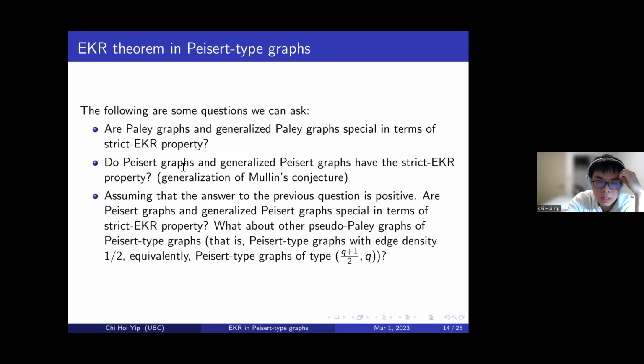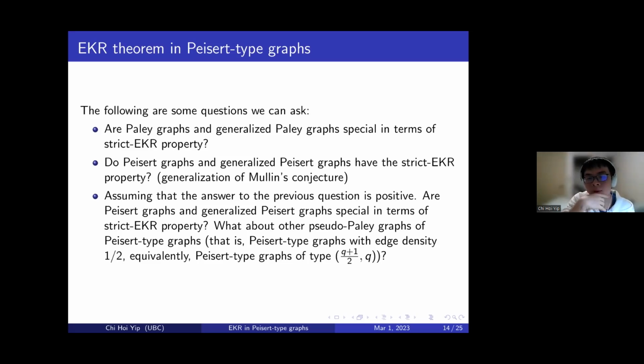Suppose that the answer to the second question is positive. Then we can ask a similar question, related to question 1: whether Peisert graphs and generalized Peisert graphs are special. In our main result, we partially answer this question. They are somehow special, but not really special. I will talk about that later. Of course, we can talk about other Peisert type graphs.